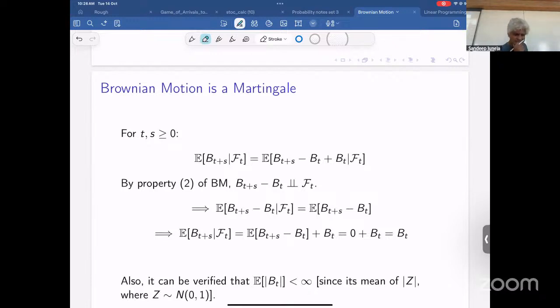This one right here, because the increment is independent of F_t, the conditional expectation is equal to the expectation. E of X given Y, when X and Y are independent, is just E of X. And we know E of X is 0.